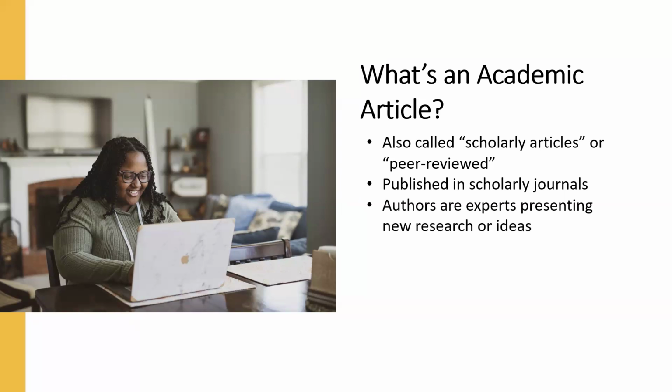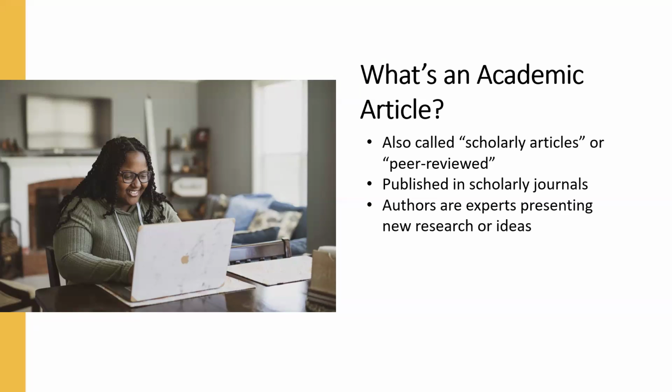And again, those journals rely on peer review in order to ensure that what is being published in those journals meets a certain standard of quality. The authors in these journals are experts. They're presenting new research or ideas. And they generally follow a very similar format. That's what we'll talk about next.